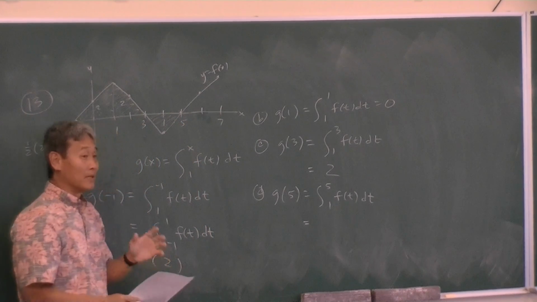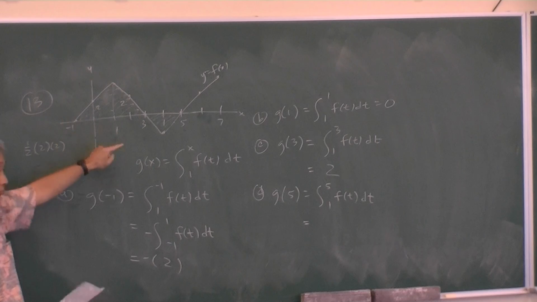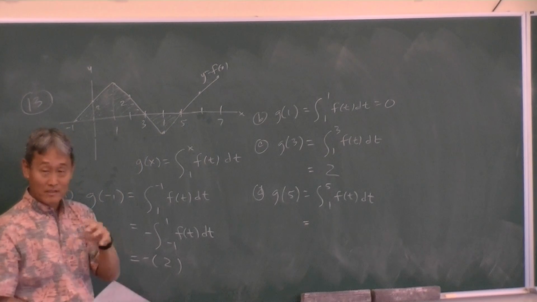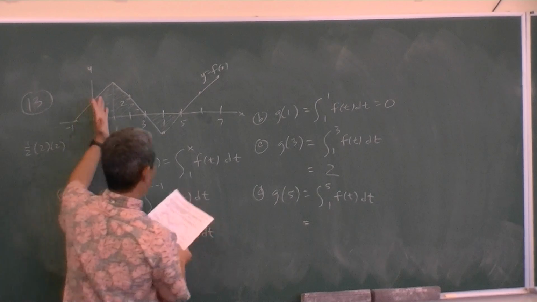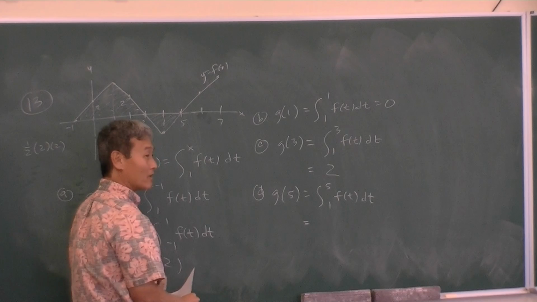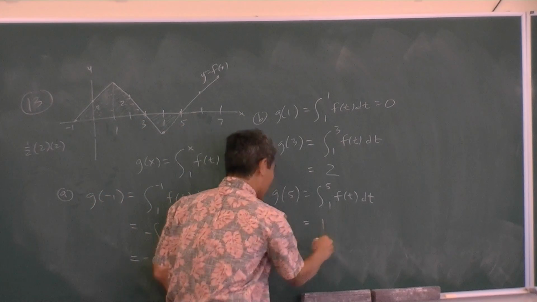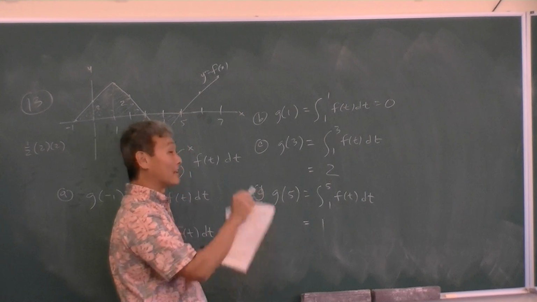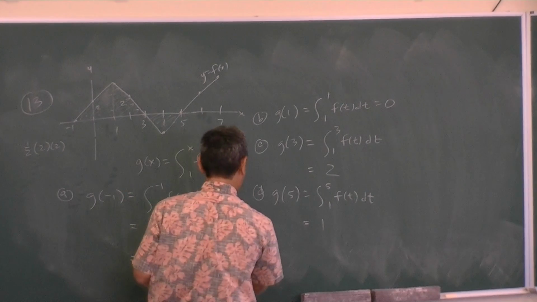Area cannot be negative. That area is 1. If they ask you what is this area, you say 1. However, the integral is negative. So from 1 to 5, this counts as 2, but that counts as negative 1, so 1. You guys get it? Area cannot be negative, but an integral can be negative.